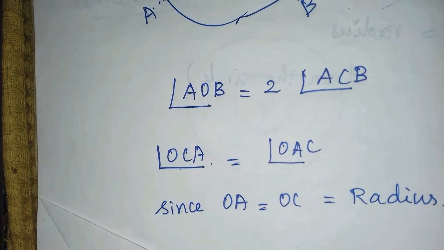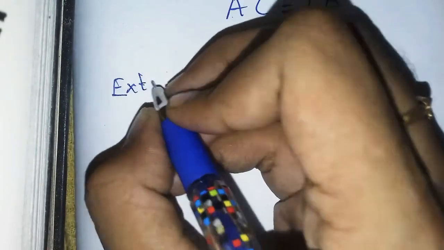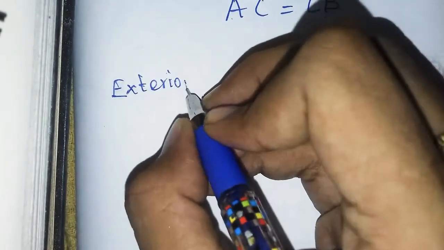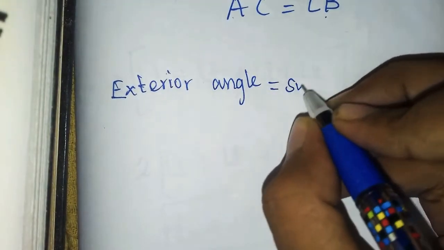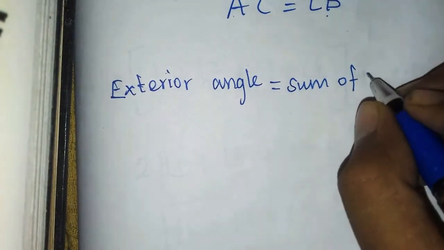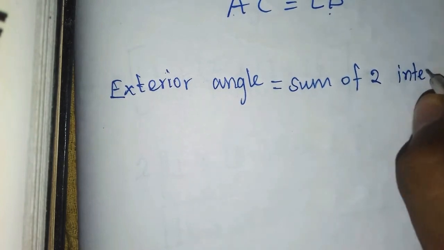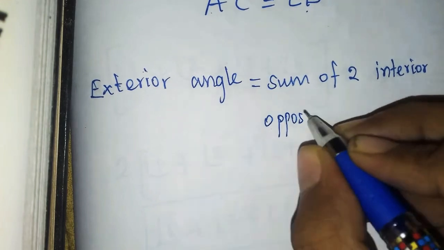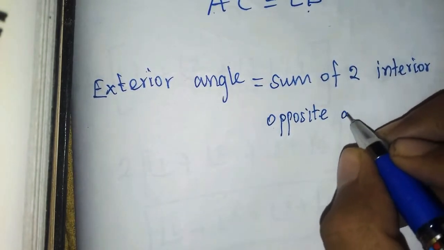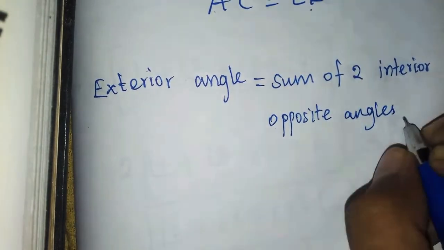Okay. Next let us see the next one. Next we know that exterior angle is equal to the sum of two interior opposite angles.